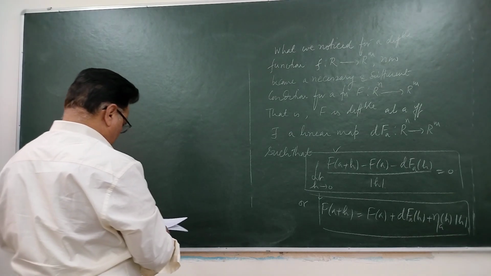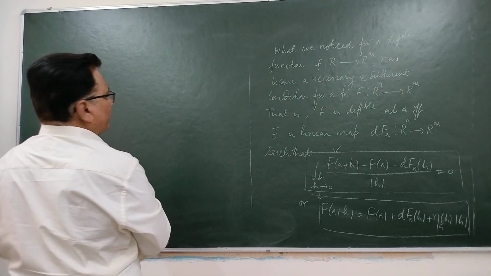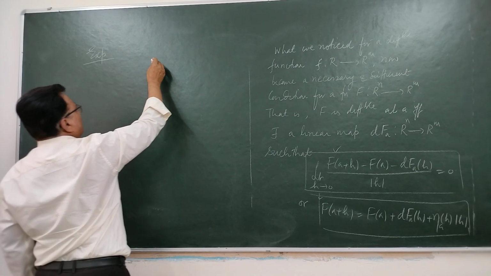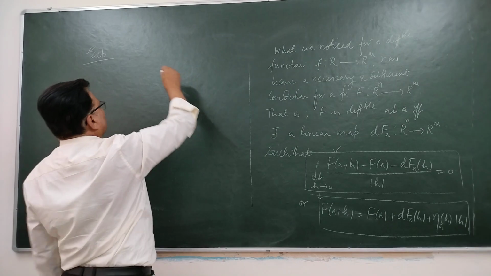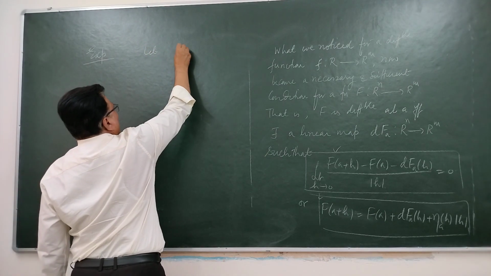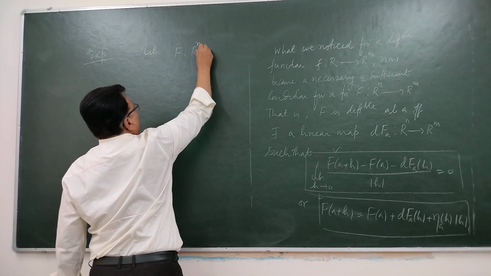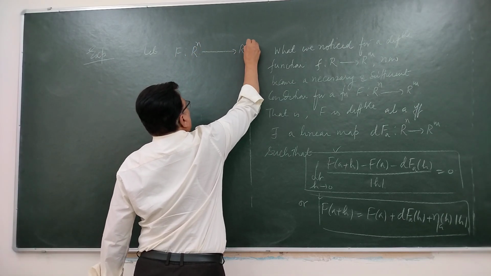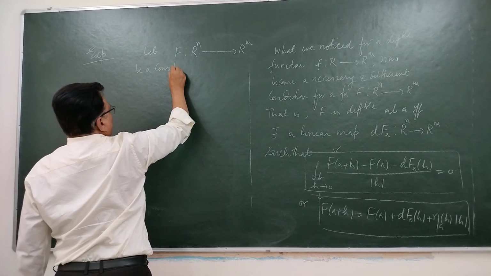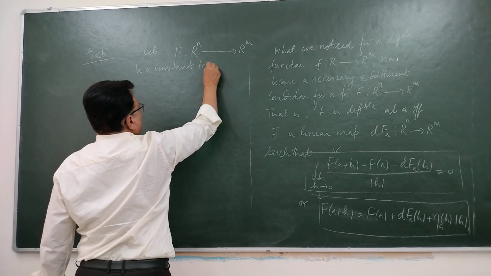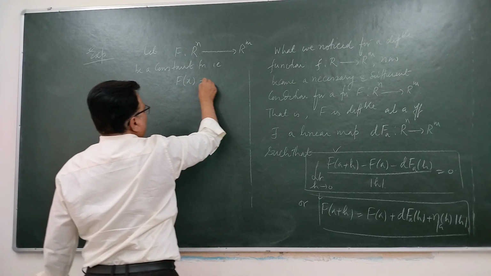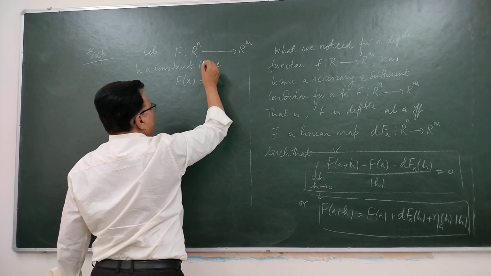So if I look at these simple examples, for example, if I have a constant function, suppose f from Rn to Rm be a constant function, that is f of x is equal to some fixed vector b.